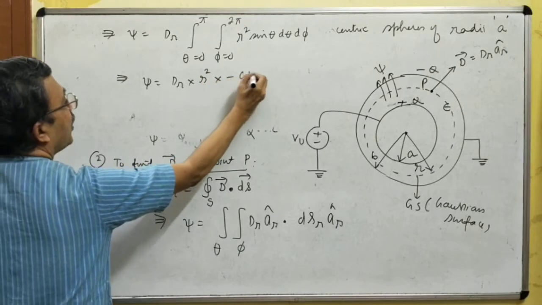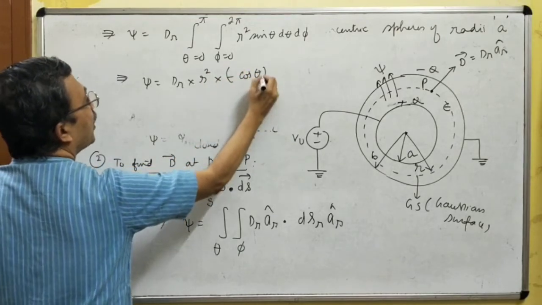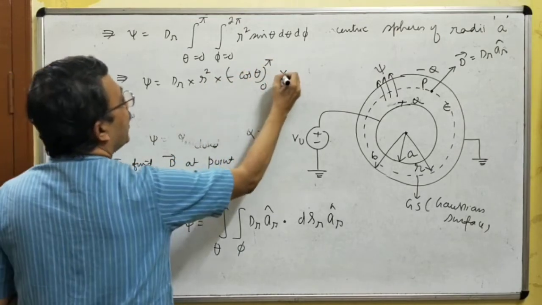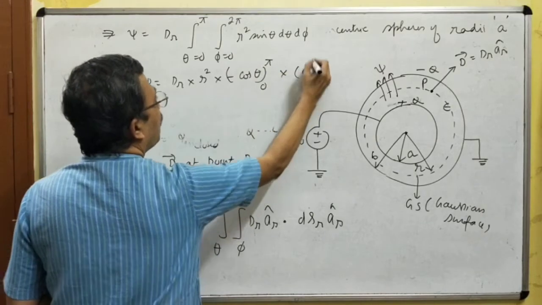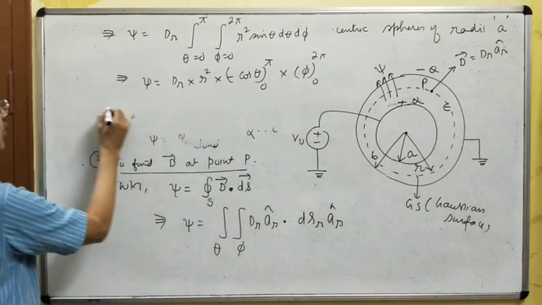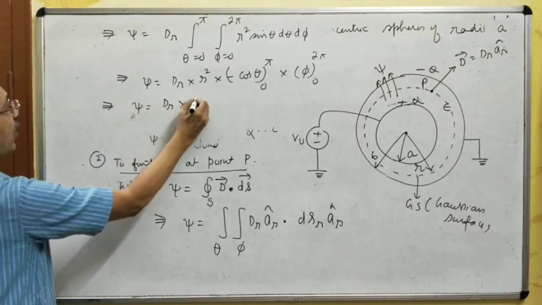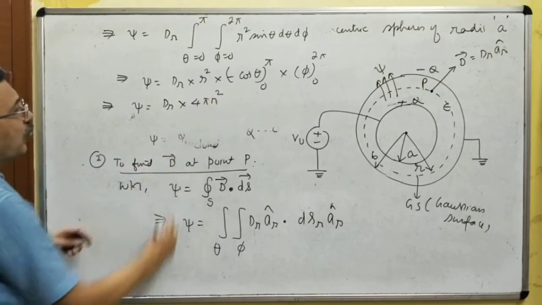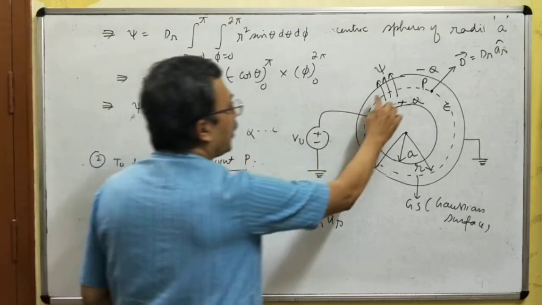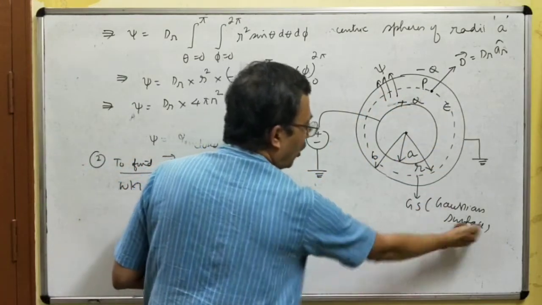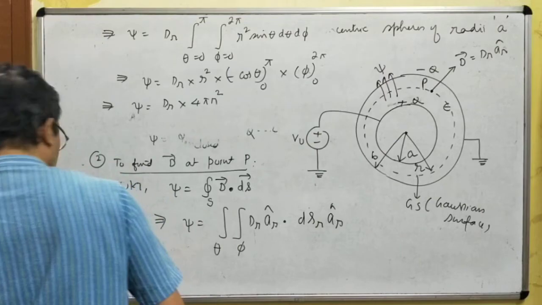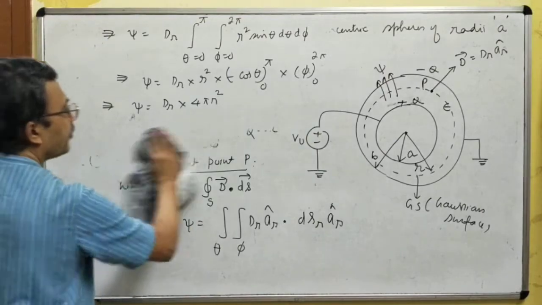Sine theta, if you integrate, you get minus cos theta from 0 to pi. D phi, if you integrate, you get phi between 0 and 2 pi. So this implies psi is equal to D_r into 4 pi r square. What is 4 pi r square? Surface area of the dotted sphere, called Gaussian surface.